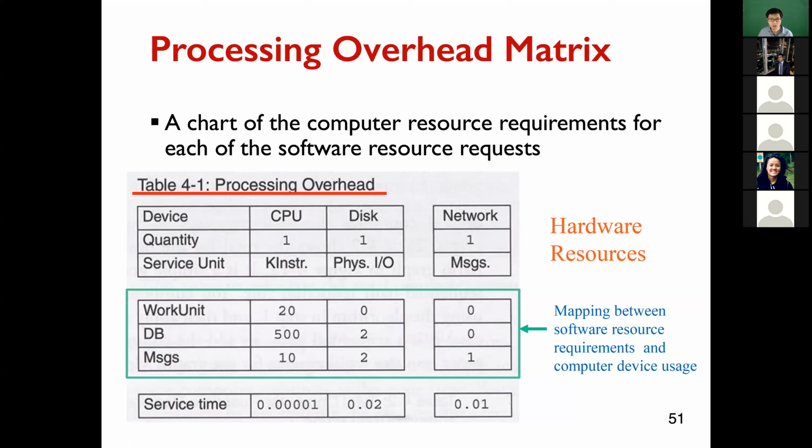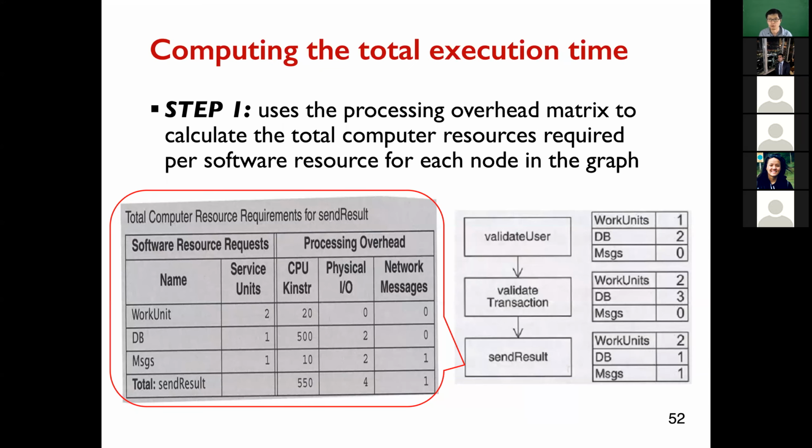How do we calculate the response time for each step, for each basic node? For example, for send result, how do we calculate this? Step one is to use the processing overhead matrix we talked about on the previous page to calculate the total computer resources required per software resource for each node in a graph, for example, for the send result node.